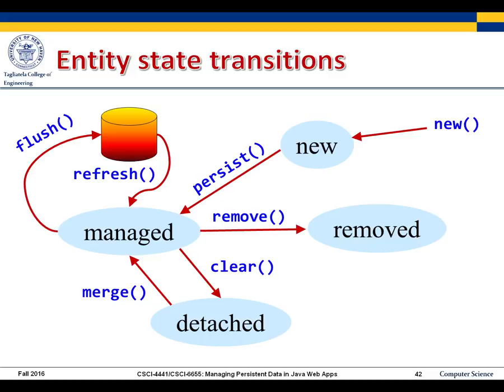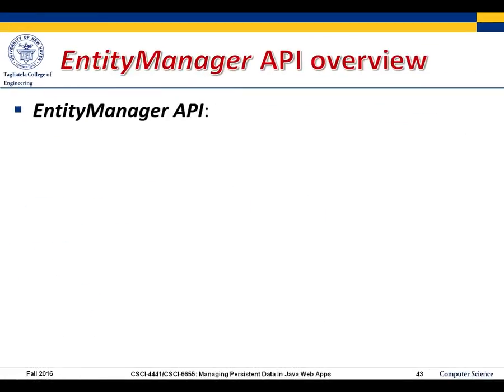But in many cases you won't ever have to call any of these, except for persist. You have to say, okay, you created it, now I want to hook it up, let's go. But this is the idea: entity instances are being moved between these states, and this is what the persistence context is actually managing.